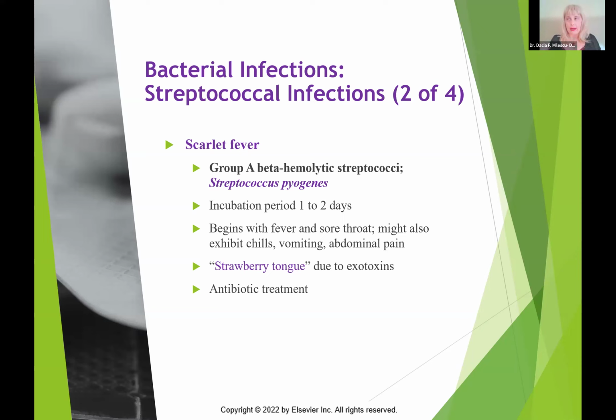If you don't get antibiotics, you can get type 3 glomerulonephritis and even heart valve damage, where the bacteria could settle into the mitral valve and literally damage your valve and cause mitral valve prolapse and mitral valve regurgitation post-infection. Okay?